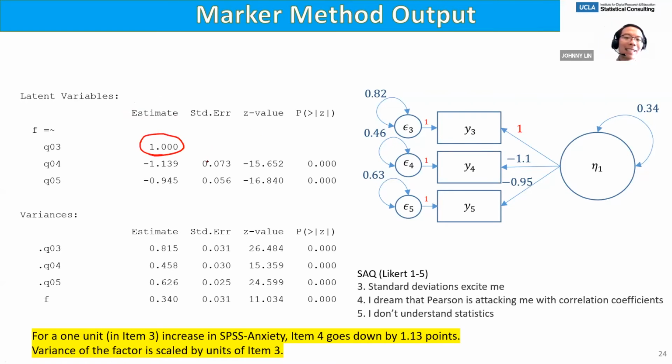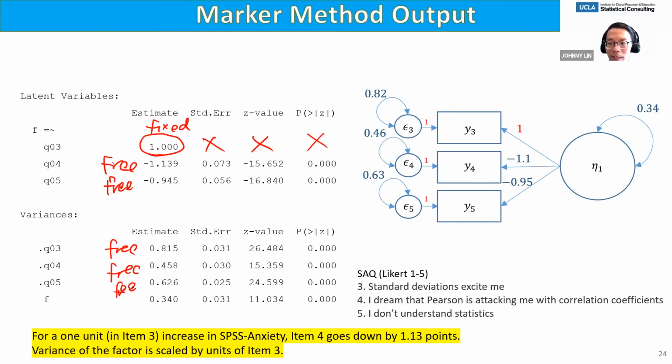How do I know that that's not actually an estimate? Well, there's no standard error, no Z value, and no probability. That's how I know it's a fixed parameter. Now, all these other ones are free. You know that commercial, free, free, free. Free just means it's estimated.